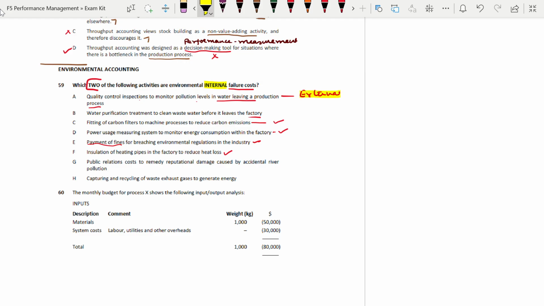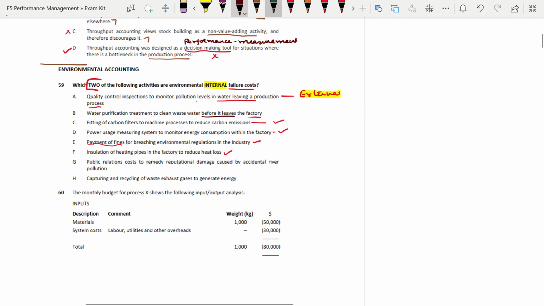They are asking us which two of the following are internal. This is external. Fitting carbon filters to machine to reduce carbon emissions, it is environmental. Water purification treatment to clean wastewater before it leaves the factory.